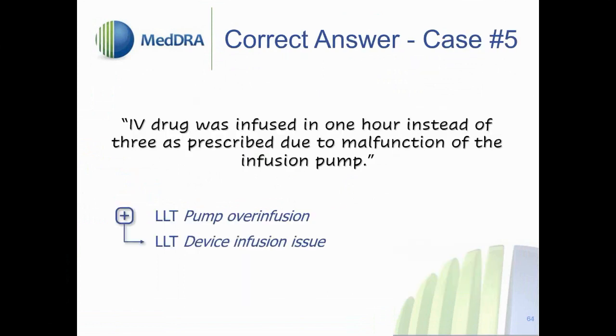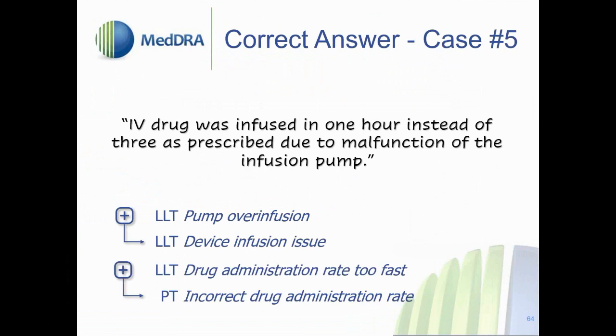So here we are. This is the root cause, the cause for the administration error. It was the pump over infusion under device infusion issue, and we would select "drug administration rate too fast" under incorrect drug administration rate.